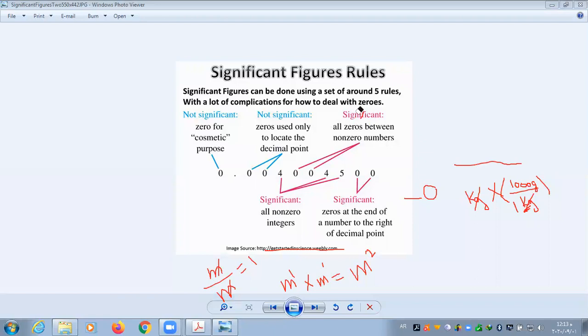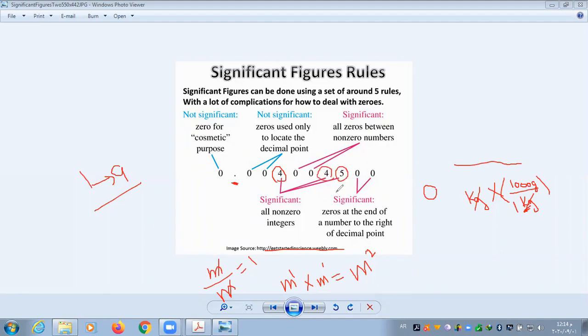Here we have decimal. So what is the first number? The first number is 4. So 4 is significant. We said numbers from 1 to 9 are significant. 4 also is significant. 5 also is significant.